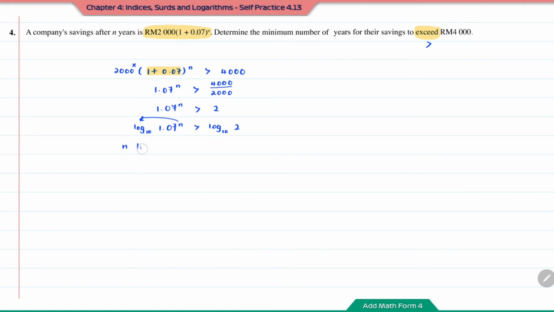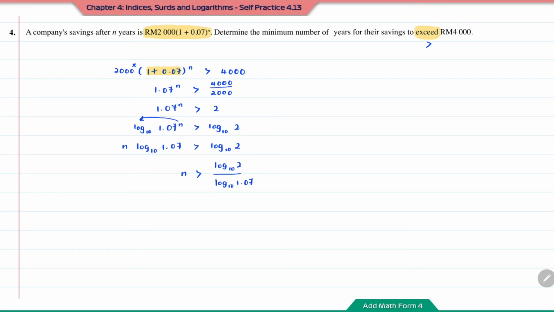So it will be n times log base 10 of 1.07 greater than log base 10 of 2. To find the n, it will be log base 10 of 2 divided by log base 10 of 1.07.